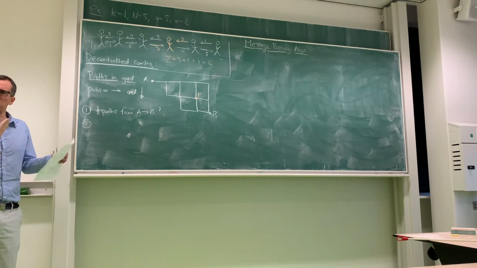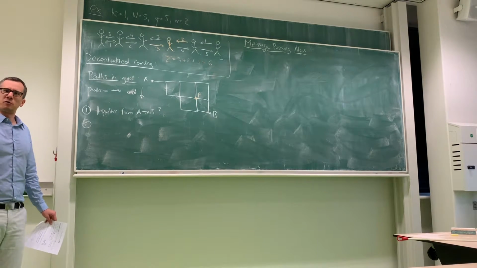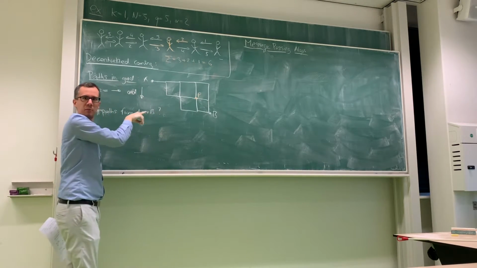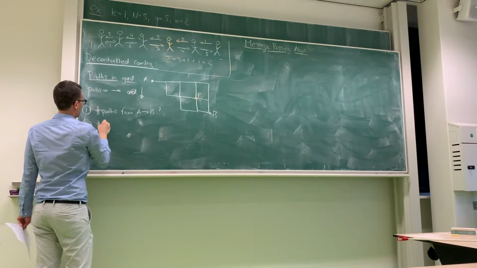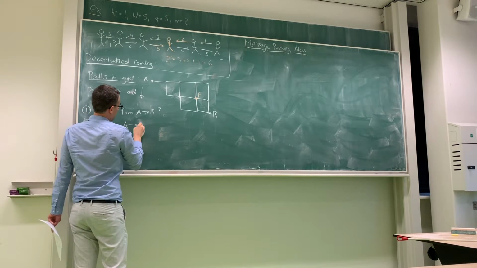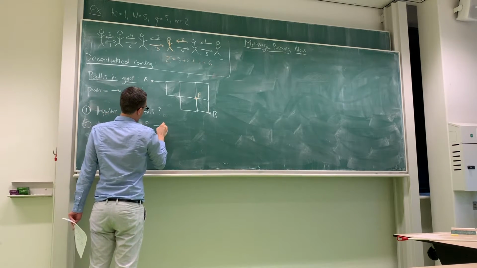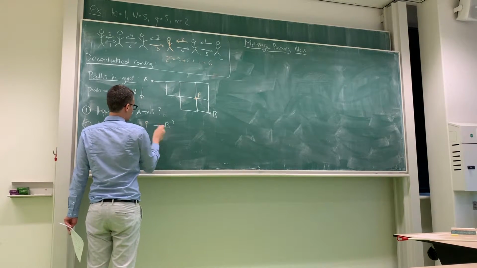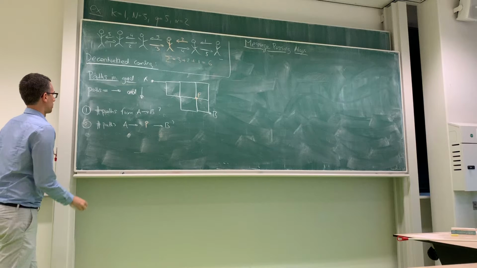Because if I sample uniformly at random, the probability of a path going through P is just the number of paths going through P divided by the total number of paths. So what is the number of paths from A via P to B? For any P, you give me P, or I give you P, you have to count.